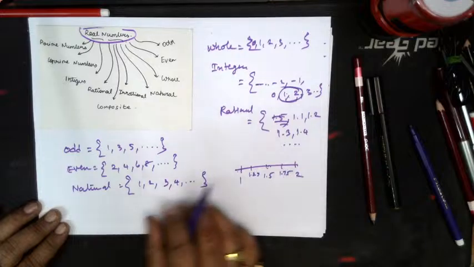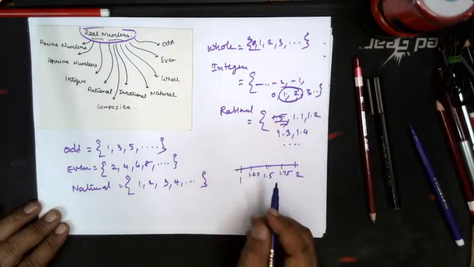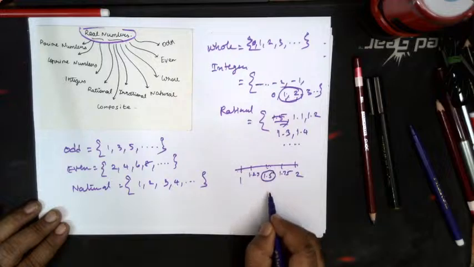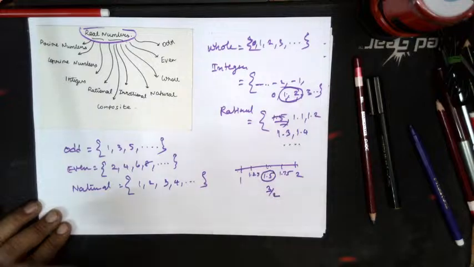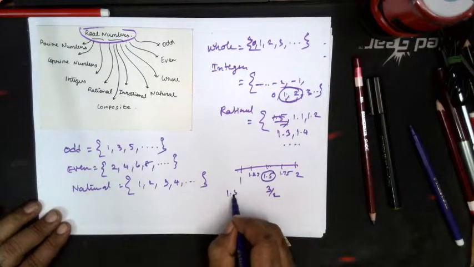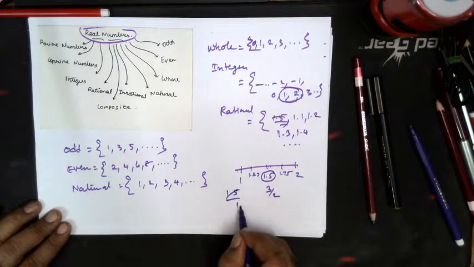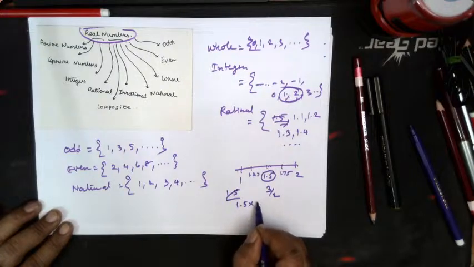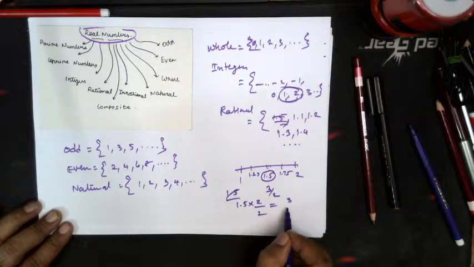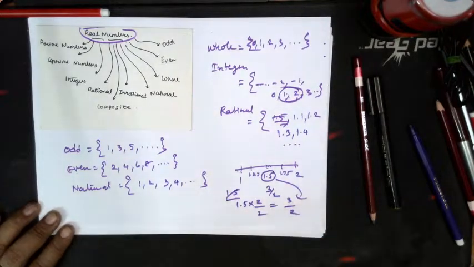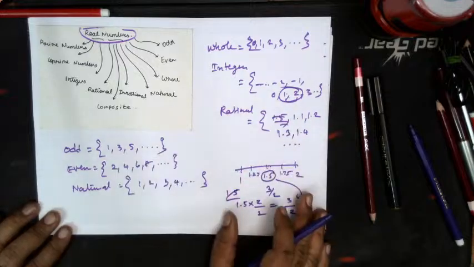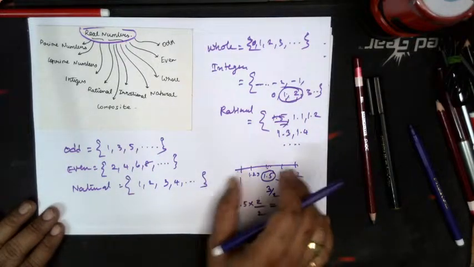Likewise, you can go on splitting, and 1.5 can be represented in fraction form, that is 3 by 2. How can you write 1.5? Multiply and divide by 2, so you get 3 divided by 2. So 1.5 can be written as 3 by 2. So likewise, it can be represented in fractions or decimals.